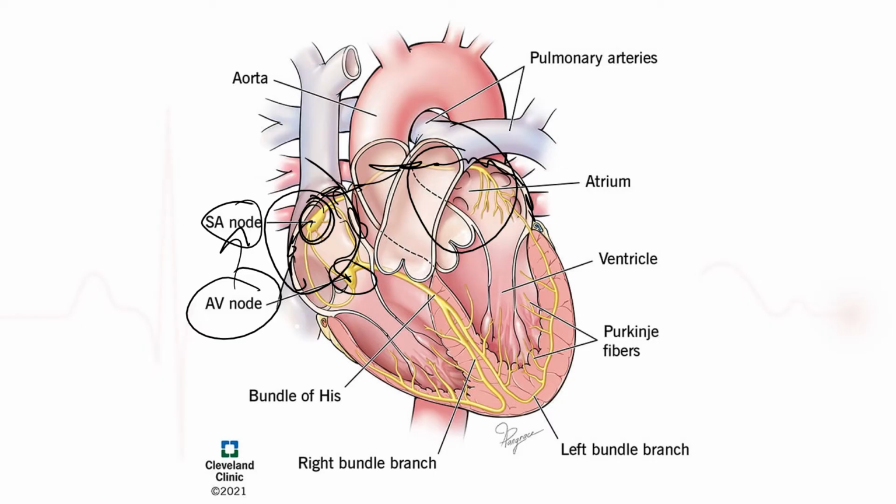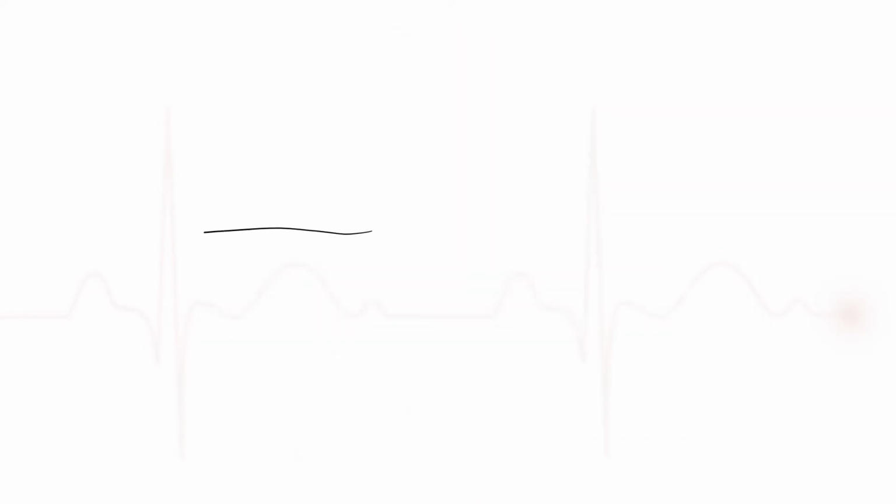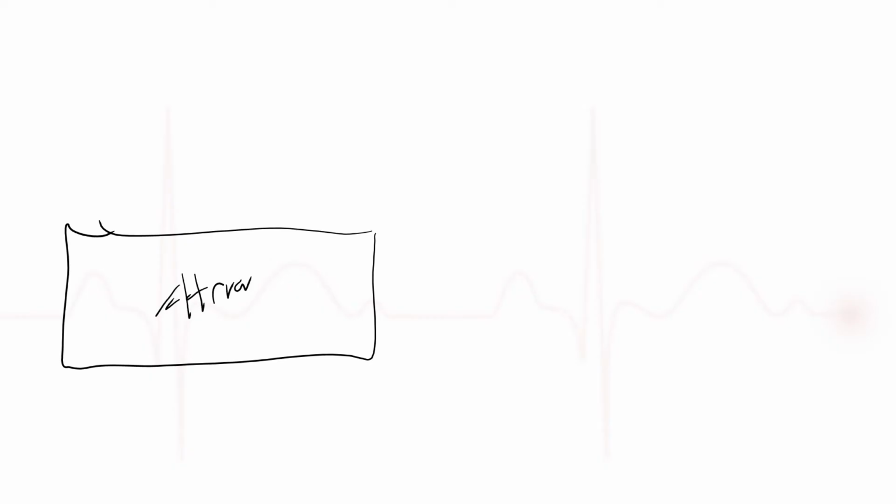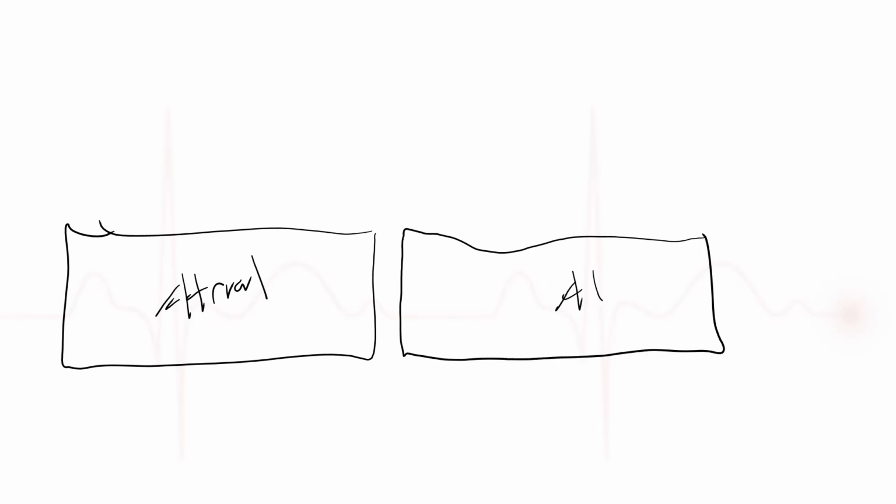So let's look at the connection between atrial and ventricular fibers at the level of the AV node first. Here we're going to say is an atrial fiber, and here we're going to say is an AV node fiber.